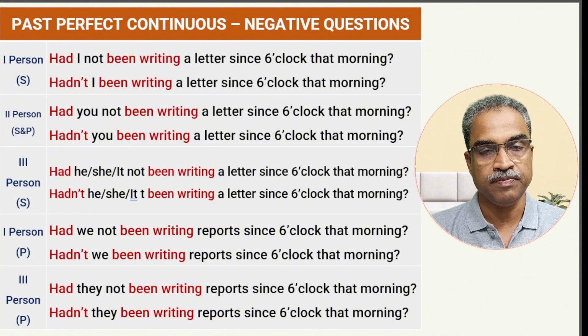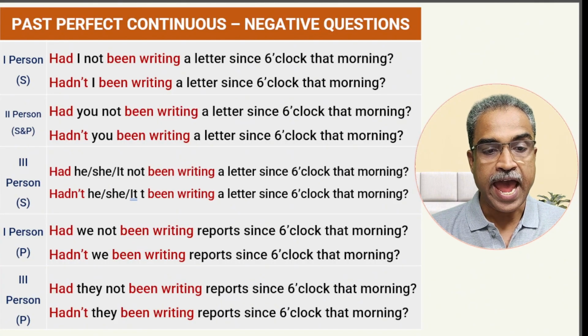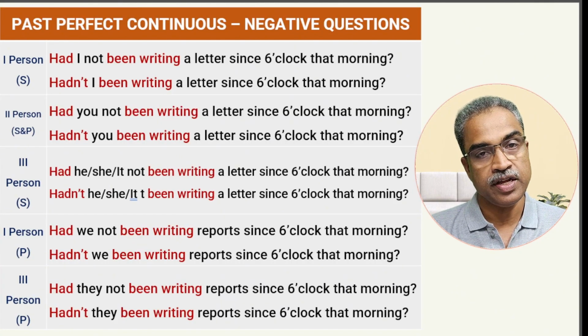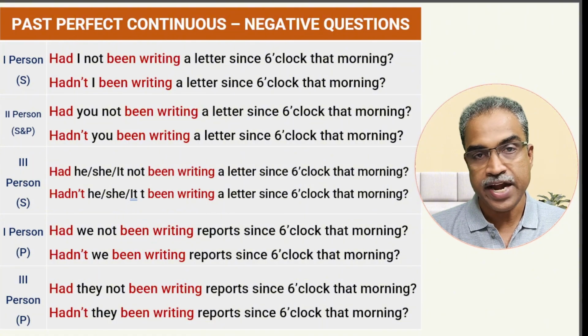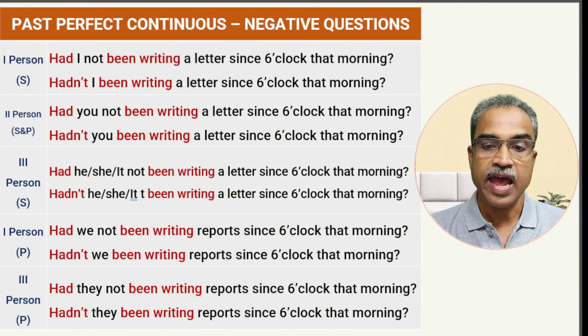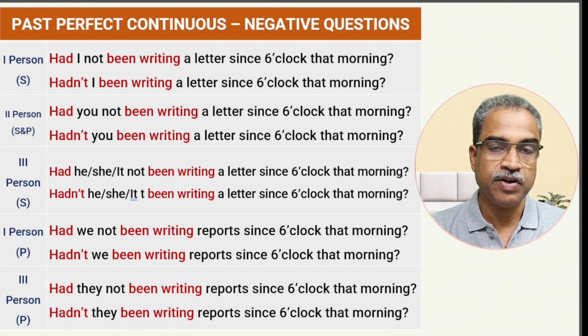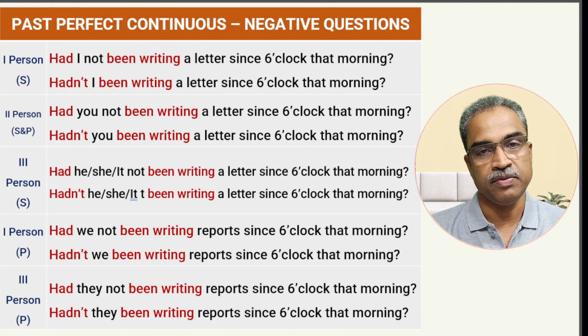Next, he, she, it. There is no change, same thing. Had he not been writing? Had she not been writing? Had it not been writing? Because these are negative questions. And if you are contracting that, it becomes hadn't he been writing? Hadn't she been writing? Hadn't it been writing? You could ask both ways, whichever you like.